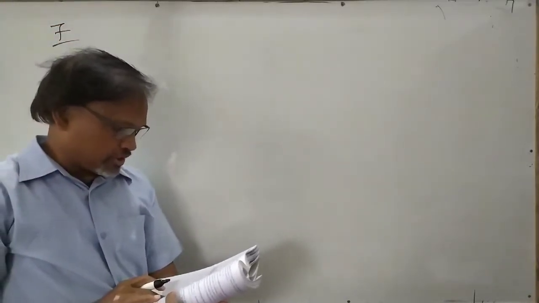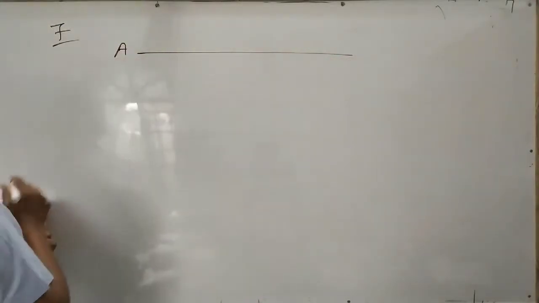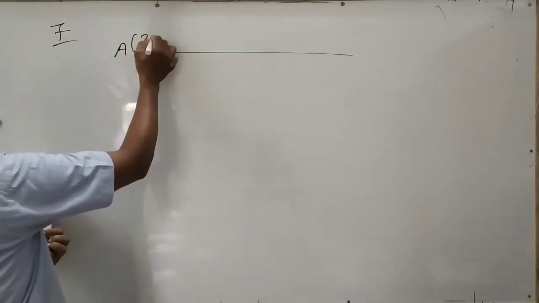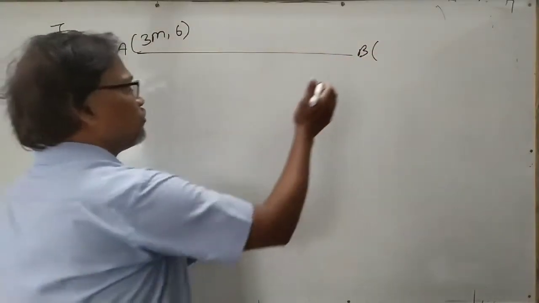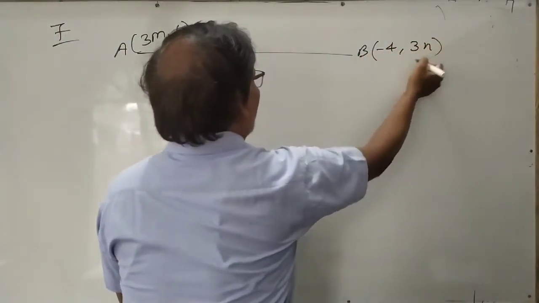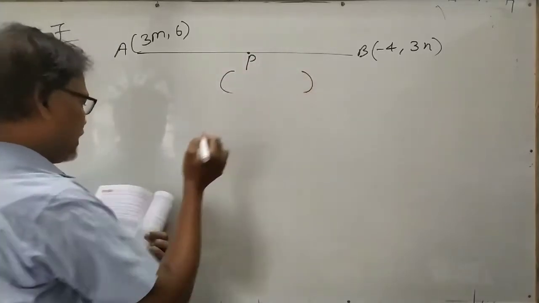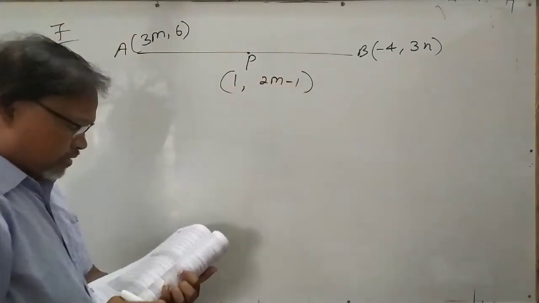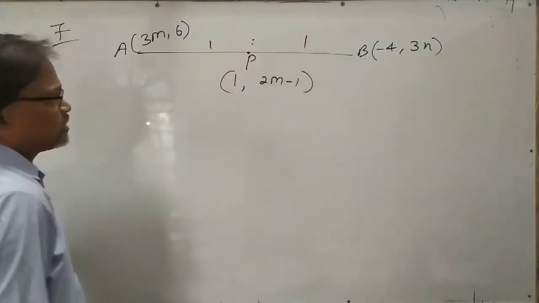For example, question number 7: the midpoint of the line segment A (3m, 6) and B (-4, 3n), suppose P is the midpoint and its coordinates are (1, 2m minus 1). You have to find the values of m and n.